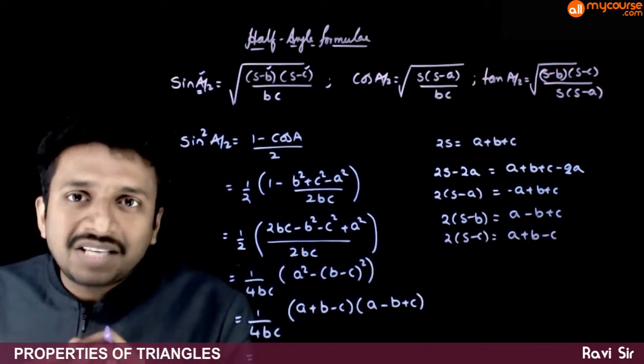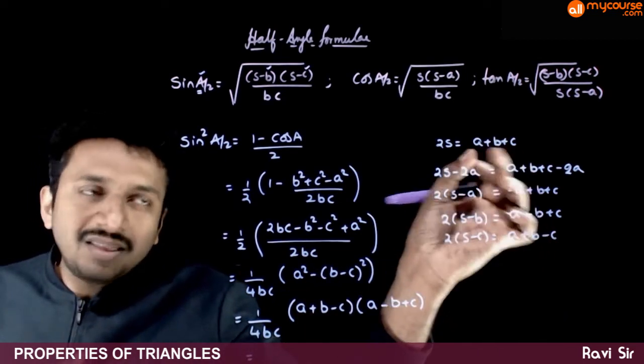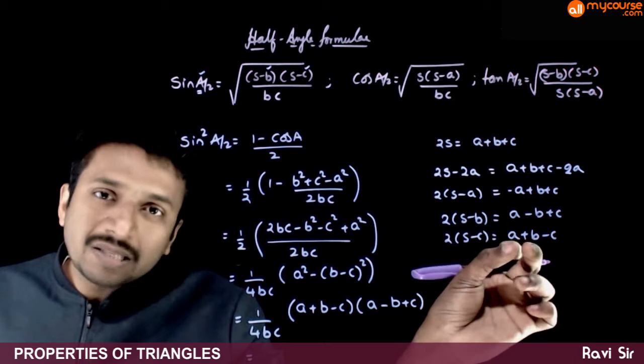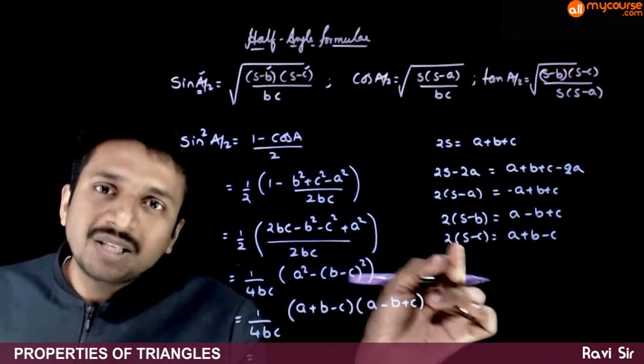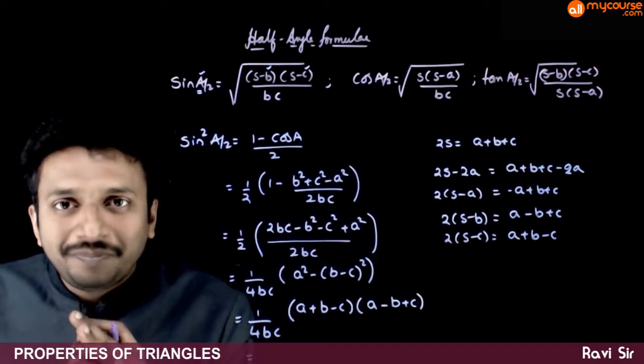So you need to remember these expressions very clearly. Whenever you have A plus B plus C, that is 2S. If you have A plus B minus C, that's nothing but 2 times S minus C. A minus B plus C is 2 times S minus B, and so on.